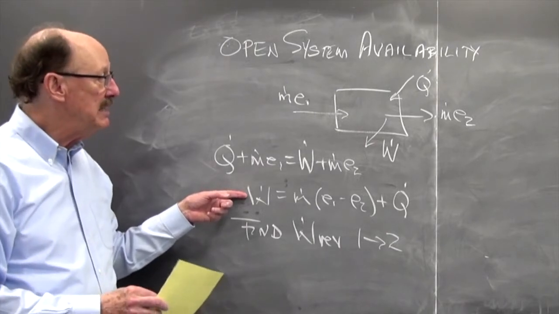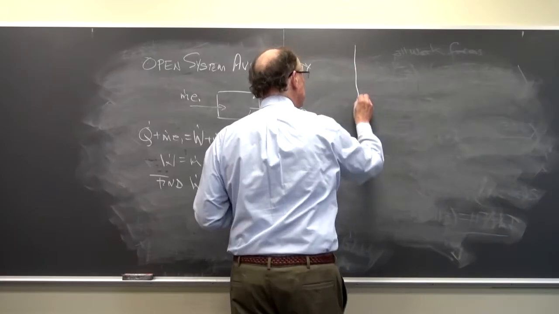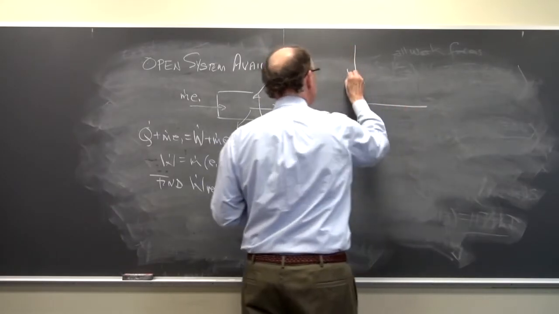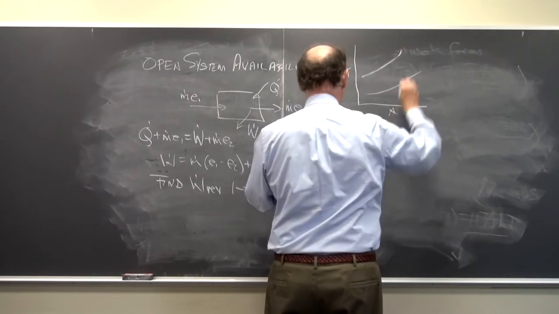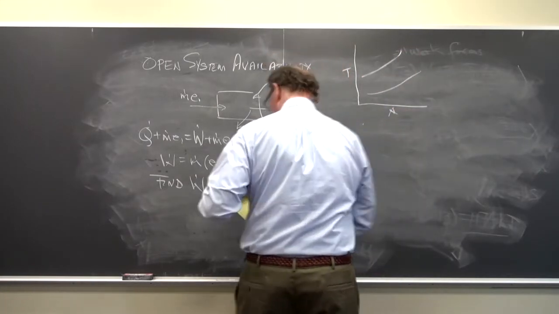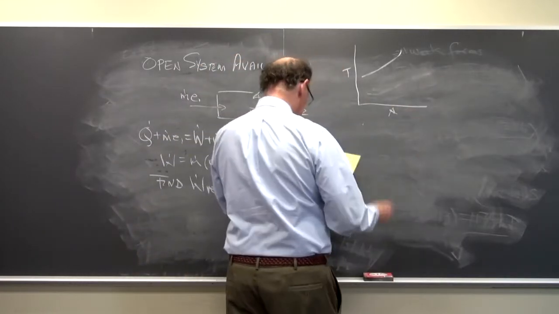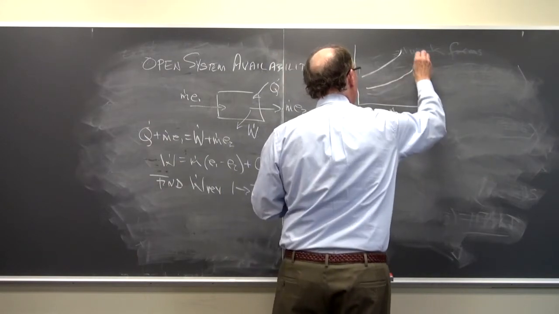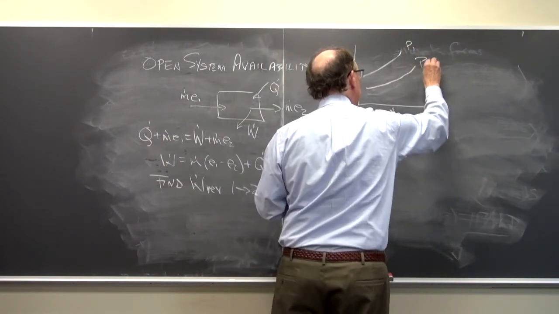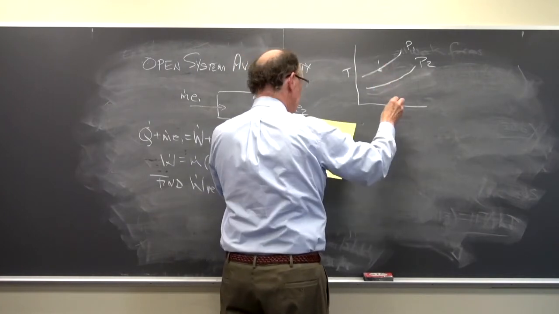So let's look at a TS diagram that represents this. Here we have P1 and P2, a little bit higher, and we're going from state 1 to state 2.